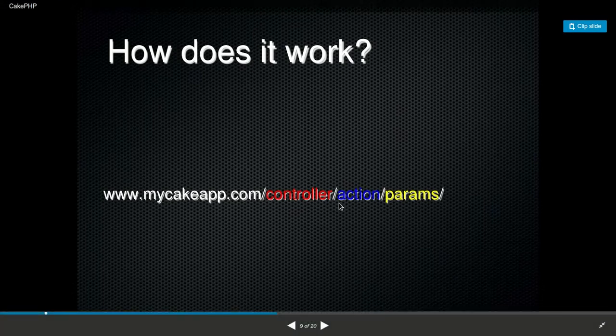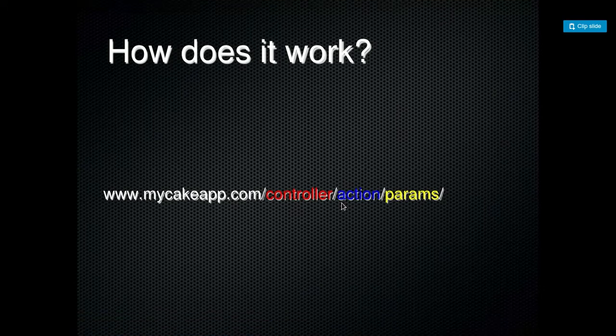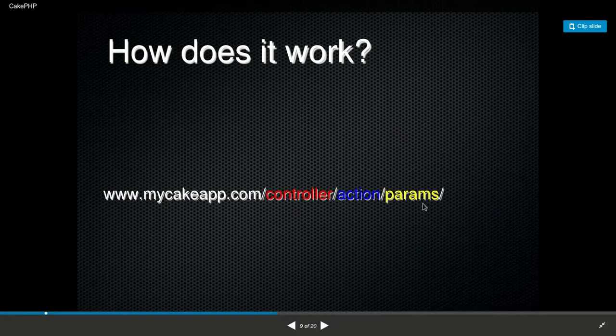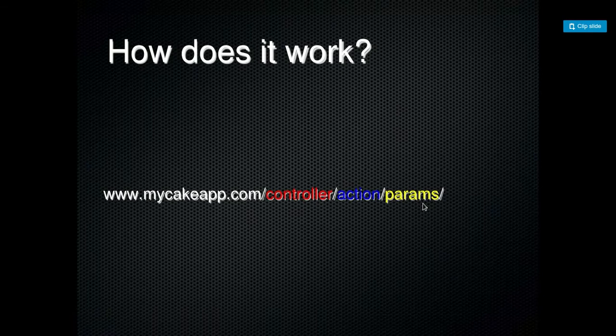The third is the action. Action is a function in the controller that will handle all the requests and all the logic assigned to that action. And the last is the params, or parameters. They are the parameters that are passed to the action to take action.